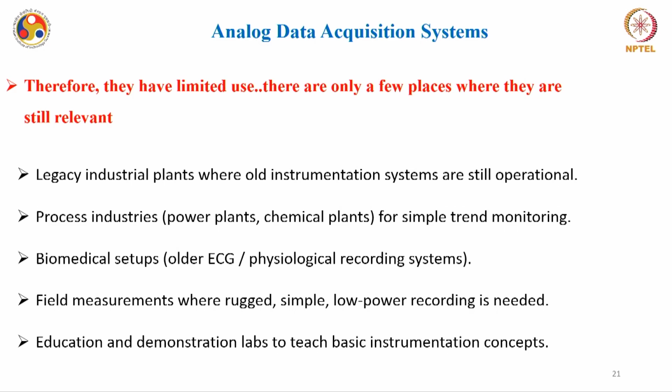In the biomedical setup, older ECGs and physiological recording systems are still relevant. In field measurements where rugged, simple, low power recording is needed, these systems are used. And in educational and demonstration labs, these recorders are used to teach basic instrumentation concepts, with the capability of logging the data on a chart or storing it magnetically.